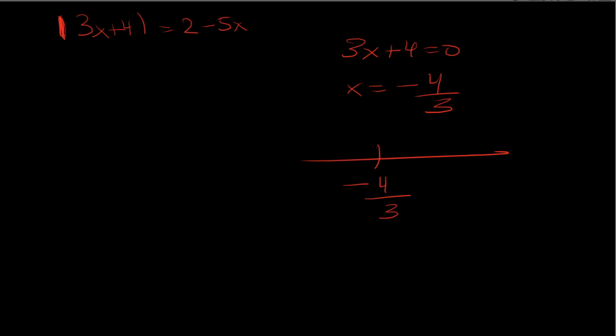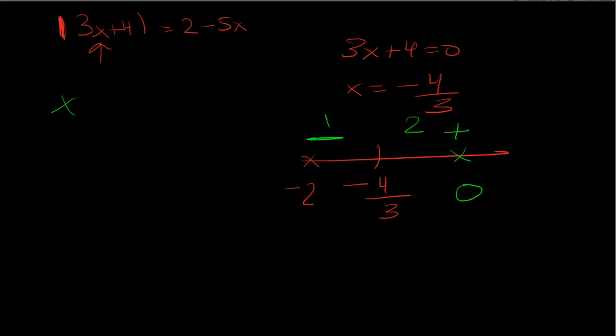If I pick a number to the left of negative 4/3, say negative 2, it's negative. And if I pick a number to the right, say 0, it's positive. So there are two cases: the first case being less than negative 4/3, the second case being bigger than or equal to negative 4/3.